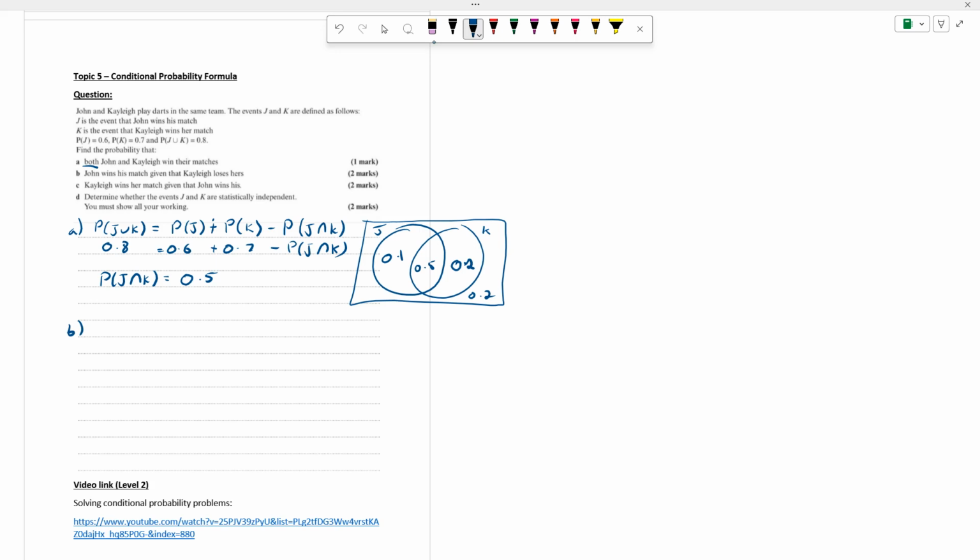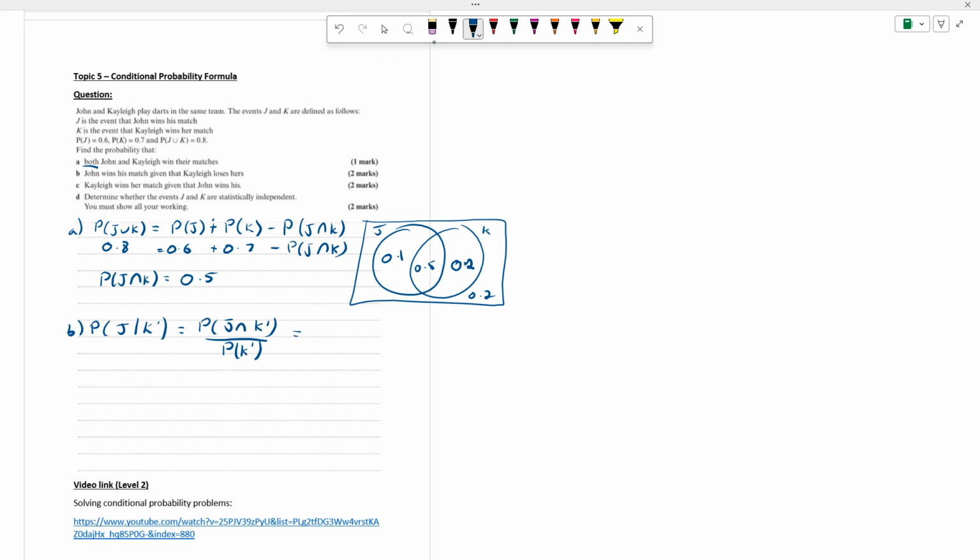So part B, the probability that John wins given Kaylee loses. So the probability that John wins given not K, because K is the fact that she wins, so not K will be the fact that she loses. If I'm using a formula, this is the probability of J intersection not K all over the probability of not K. Both on top, and what is given on the bottom.